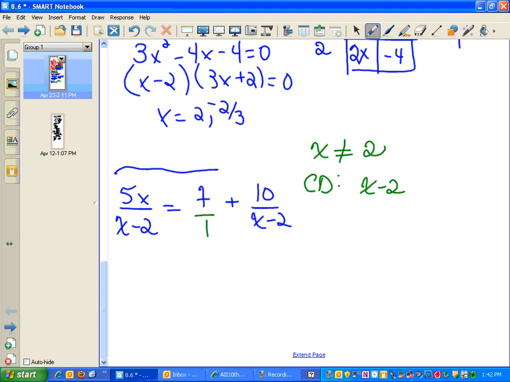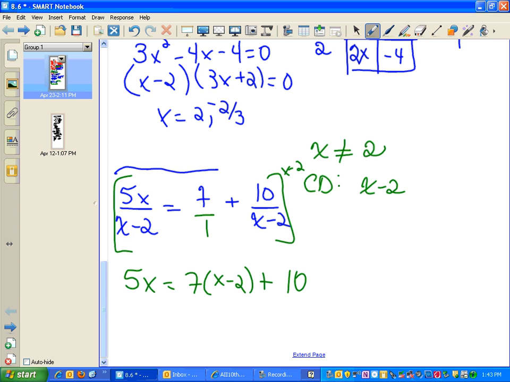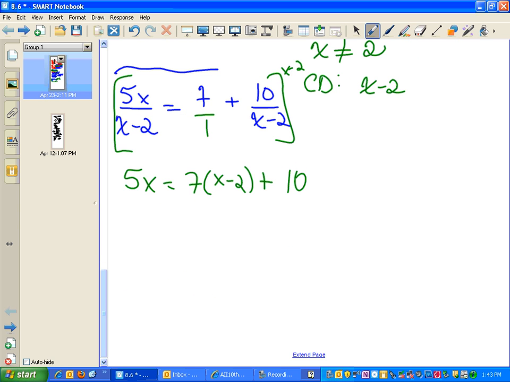So I'm going to take this and multiply it by x minus 2. And so I'll just get 5x is equal to 7 times x minus 2 plus 10. Yes? Y'all with me? So I got x's.